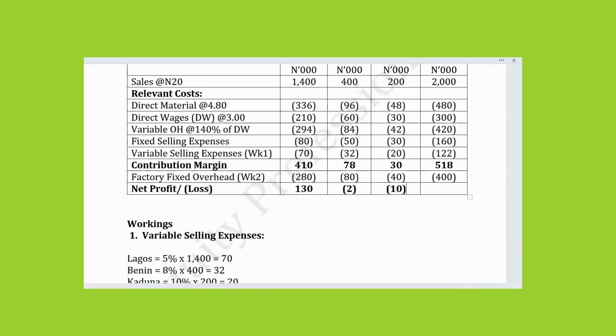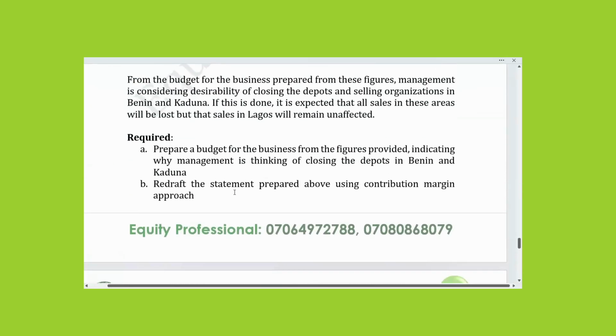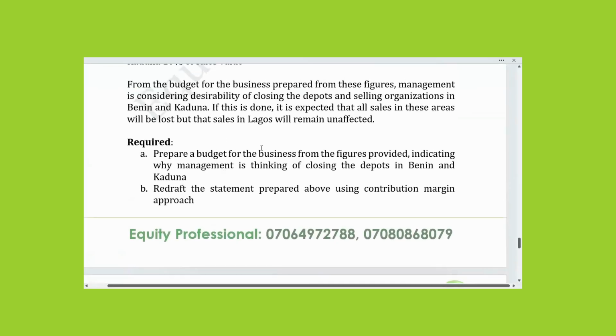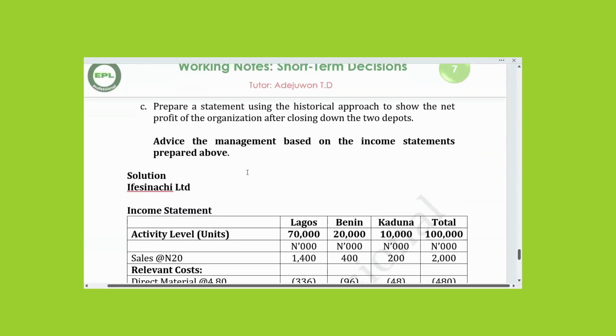So in the A requirement, examiner is asking you to prepare a budget for the business from the figures provided, indicating why management is thinking of closing the depots in Benin and Kaduna. Like I told you, the only reason that we make a company to be thinking of deleting a segment is because the segment is operating at a loss.